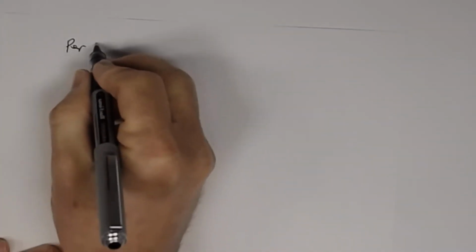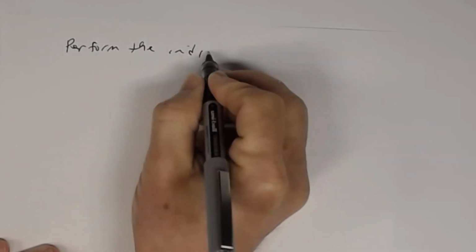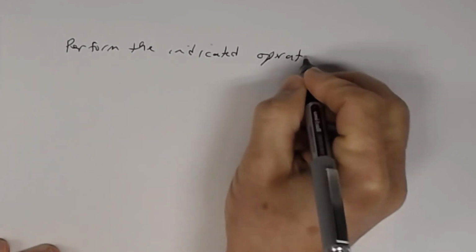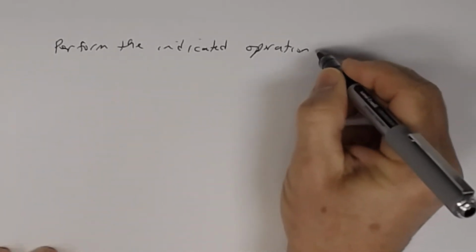The directions will say something like: perform the indicated operations. Sometimes it may just tell you add or subtract, but remember, add or subtract is an operation.